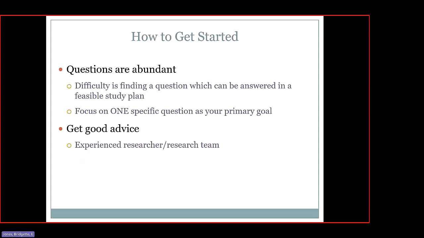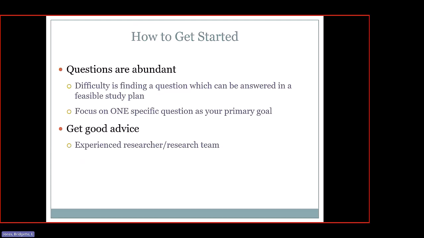And so sometimes the hard part is not just finding a question, but finding one that actually can be answered in a feasible study plan. I do think it's important, again, especially for your fellow projects, to try to focus on one specific question as your primary goal, because sometimes you get really excited, and as you start to think about the question that you want to ask, the thing that bugs you, then all these other questions come into play as well.